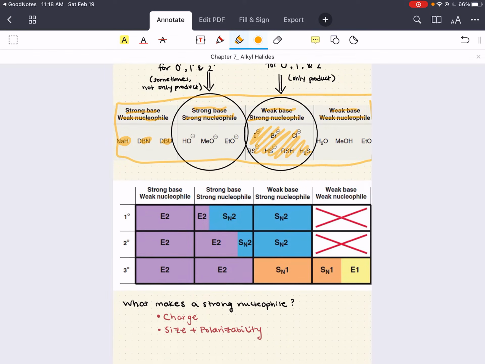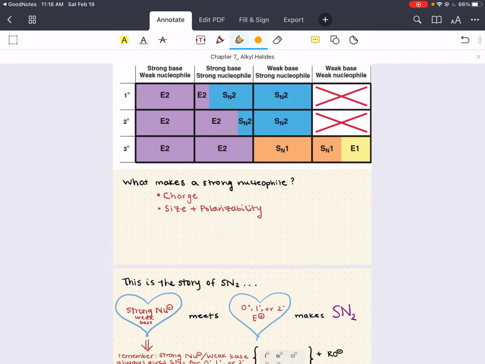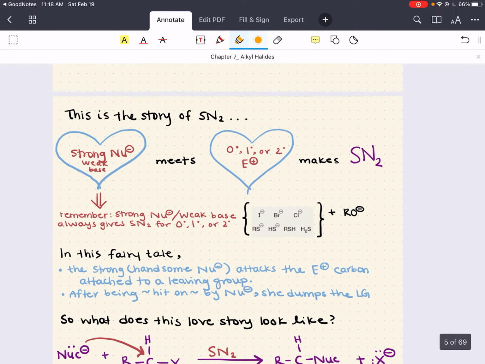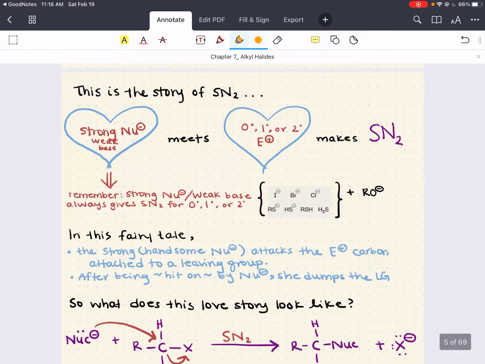Now we can start the story of SN2 reactions. This story goes as such. A strong nucleophile that is also a weak base meets a nice electrophilic carbon attached to a halogen. This strong nucleophile meets a nice alkyl halide. This is the start of a love story.